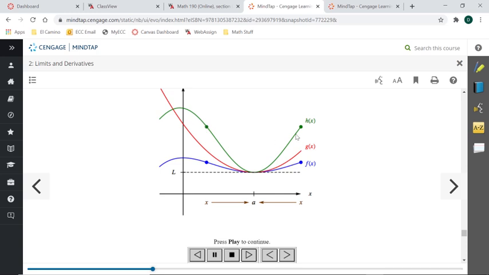We have moving points on h of x and on f of x, and they merge. So what is happening with g of x? No matter what g of x is doing otherwise, because it's always squeezed between those two functions, as it approaches a, it's going to be forced to the same limiting value L as the lower bound and the upper bound.